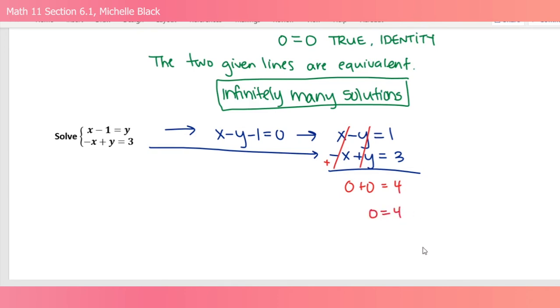This time, both of our variables canceled out, but the result we got was that 0 equals 4, which is a contradiction. So if you do your work and your variables cancel out and you get back something false, what this implies is that there are no solutions.